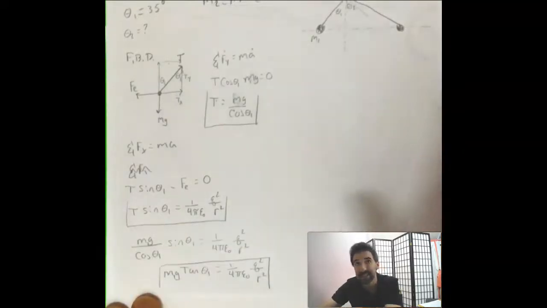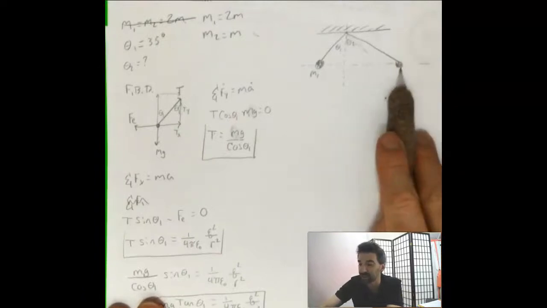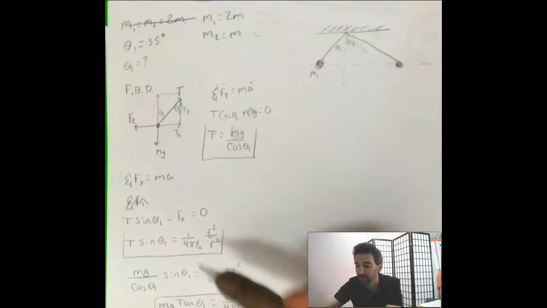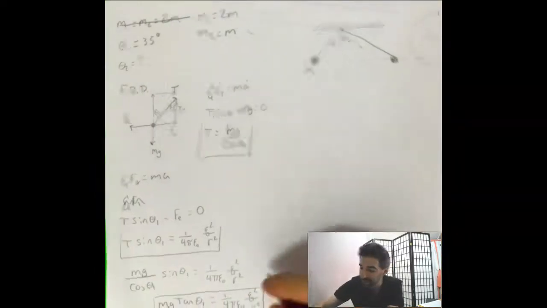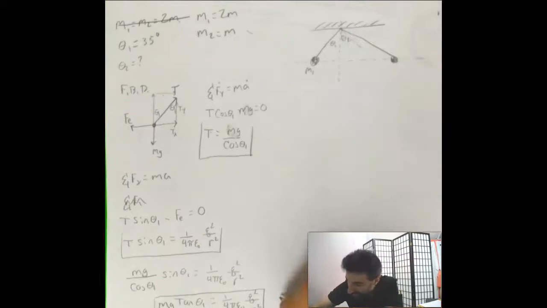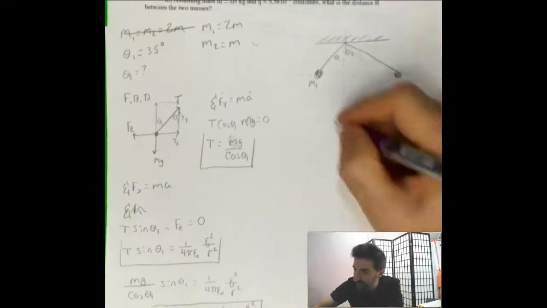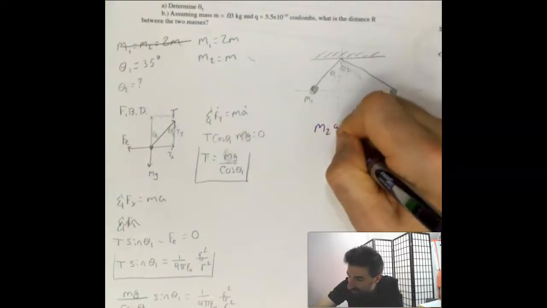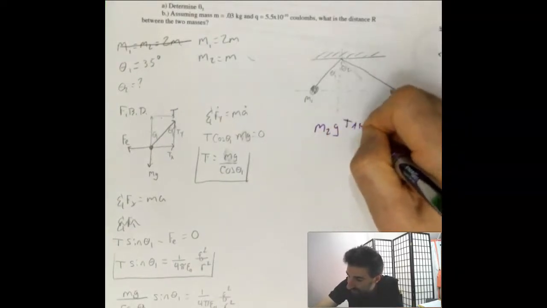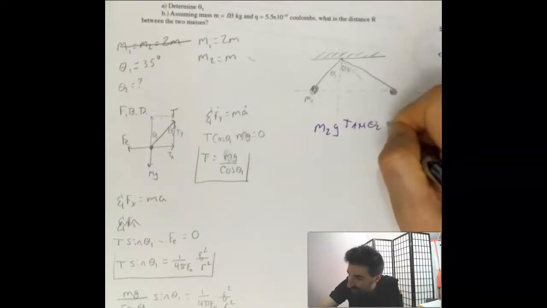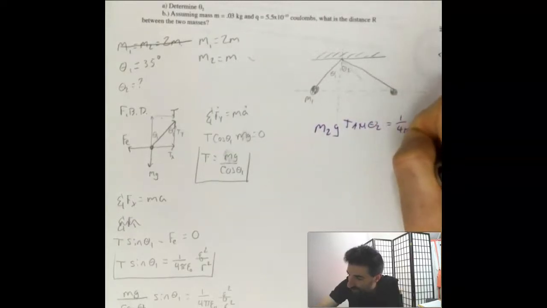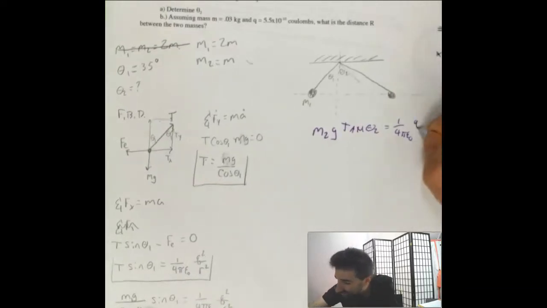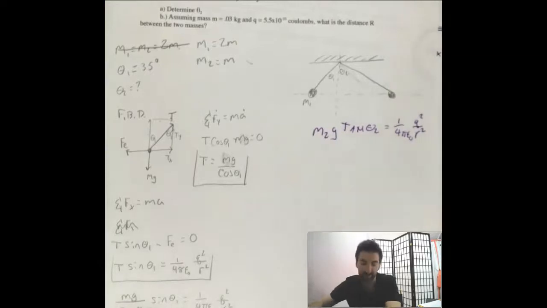It would be the exact same setup like I said, and I challenge you to do it. Draw yourself a free body diagram, break things into components. You should be able to come up with, on the other side, for m2, m2g tan theta 2 equals 1 over 4 pi epsilon 0 q squared over r squared.